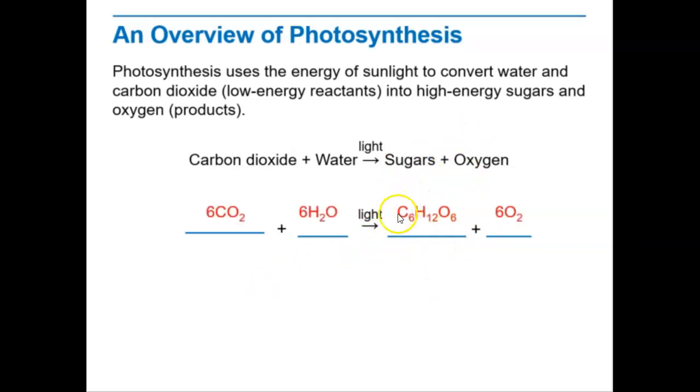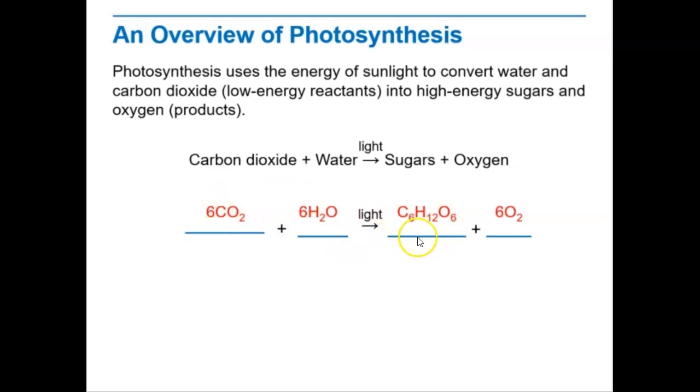So if you look at this, sugar has a lot of hydrogen, right? It has a lot of carbon, it has a lot of oxygen. It's a high energy molecule, and this is the reason that we need 6 H2O and 6 carbon dioxides in order to create a sugar. If you look, this 6 CO2 means that we have 6 carbons and we have 12 oxygens just in that carbon dioxide molecule.